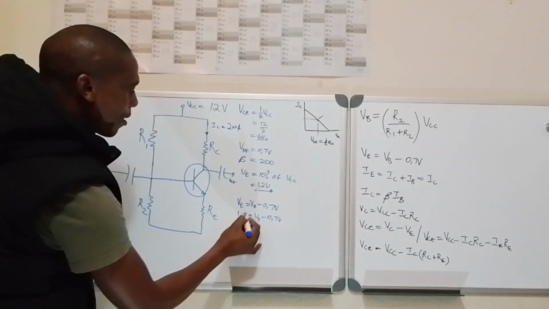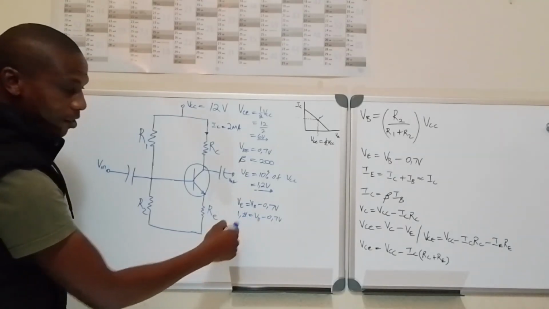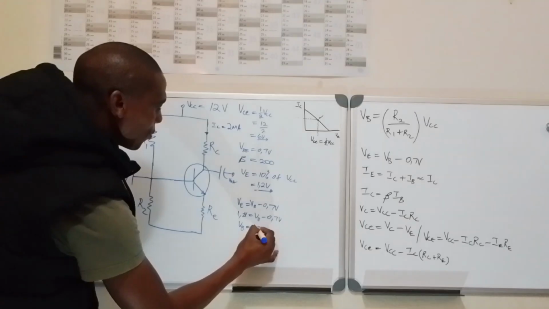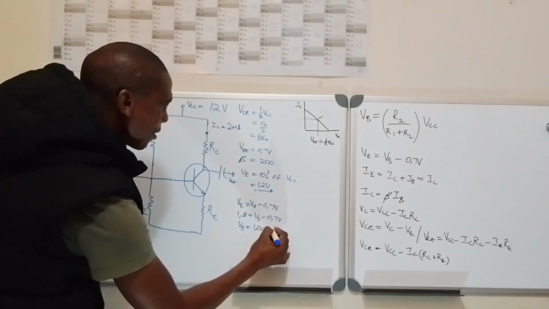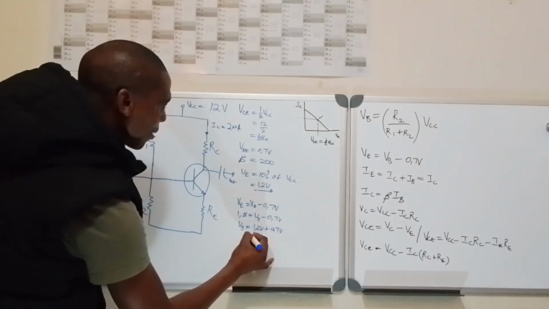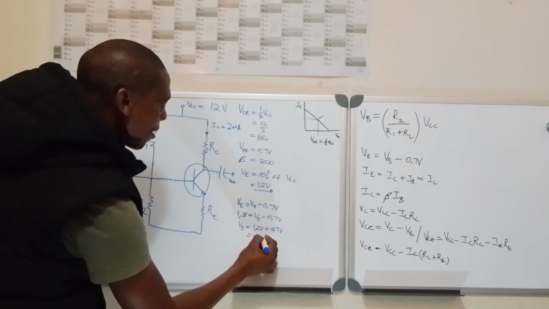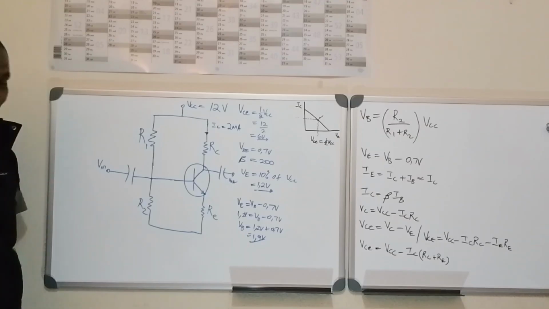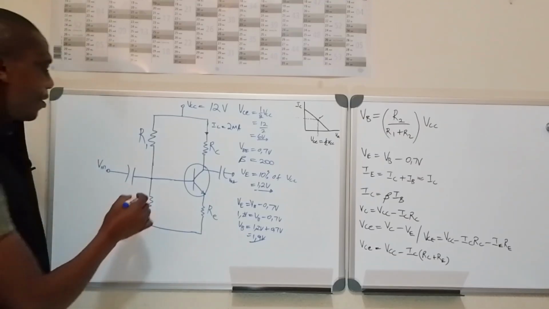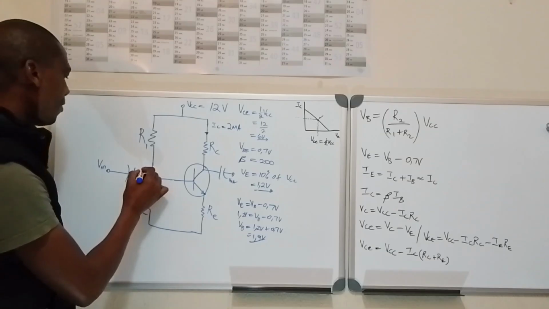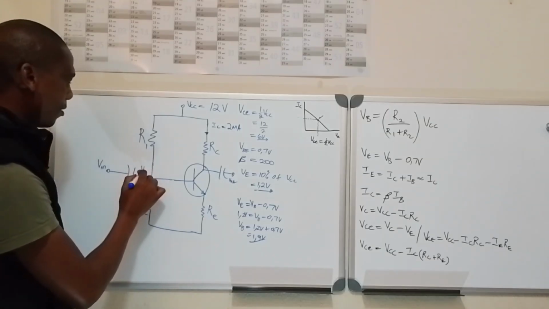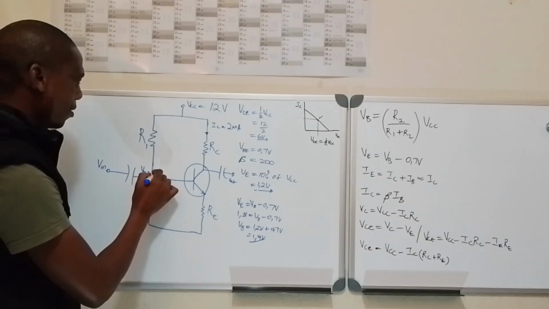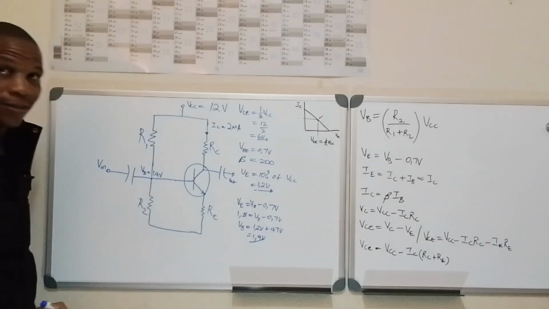If we manipulate this formula, we bring this across, then VB is equal to 1.2 volt plus 0.7 volt, and that gives us 1.9 volt.